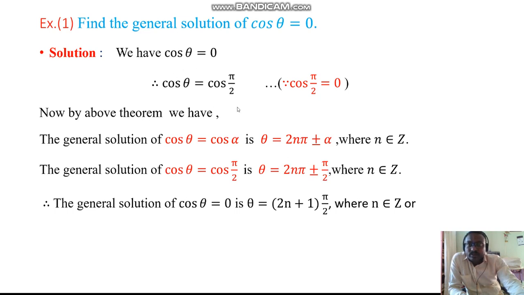One can write this solution as theta is equal to (2n plus 1) pi by 2 or (2n minus 1) pi by 2. Only pi is common, and the plus and minus signs are written separately here.